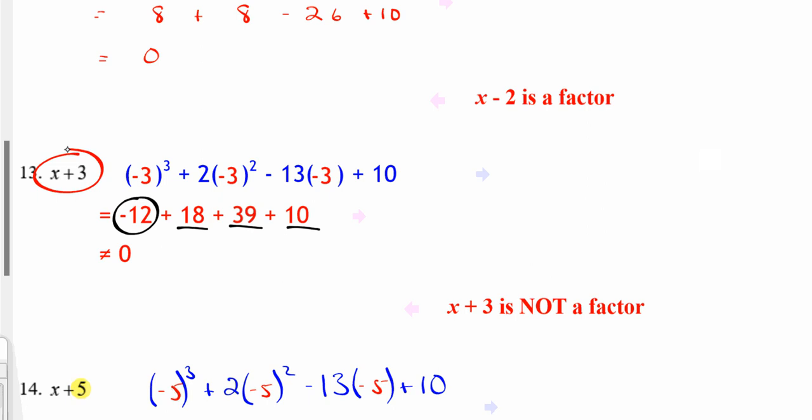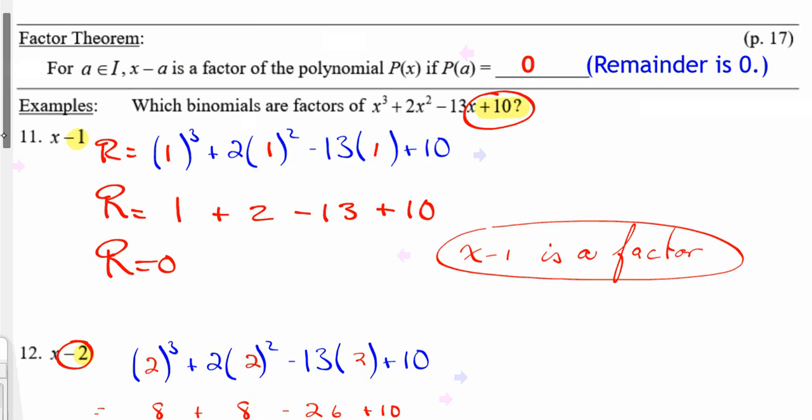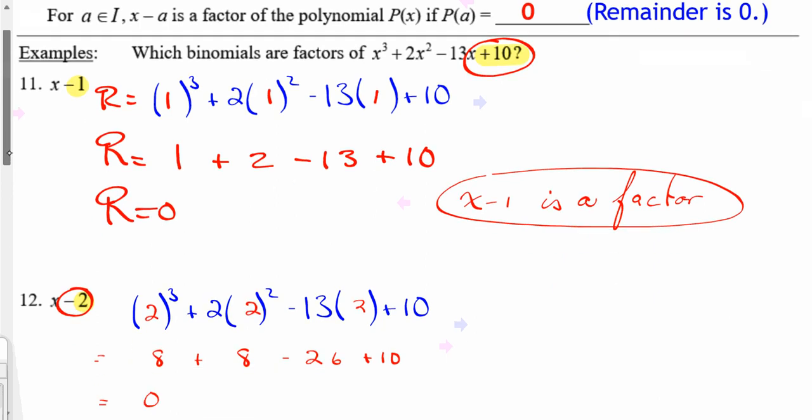But just because this negative 2 is a factor of 10 doesn't guarantee that x minus 2 will be a factor. For example, if I looked at x plus 2, well, this 2 is a factor of that 10, but x plus 2 is not a factor of that polynomial.